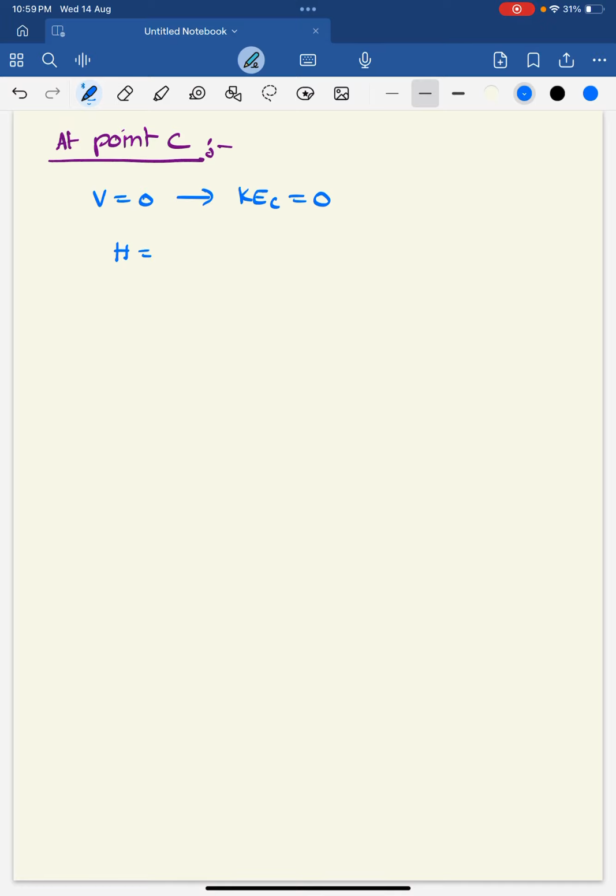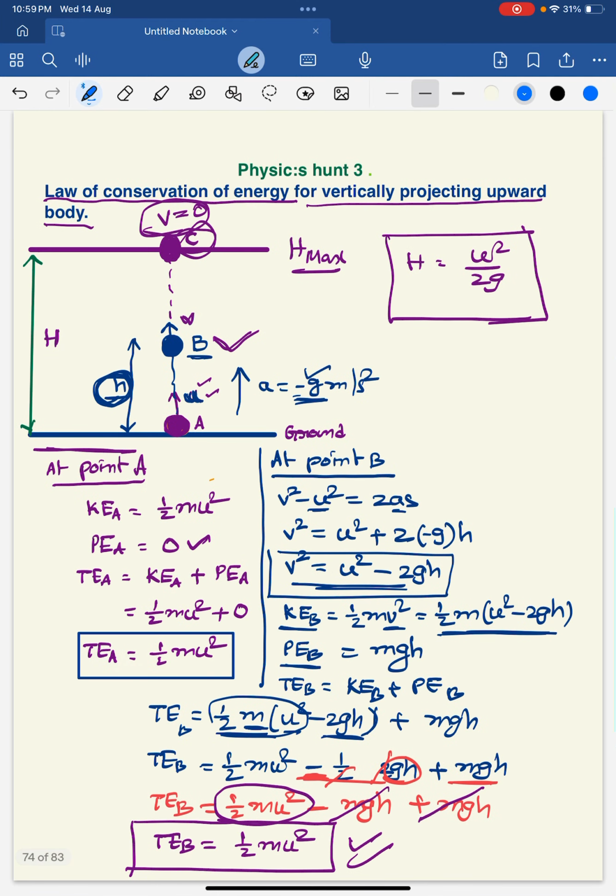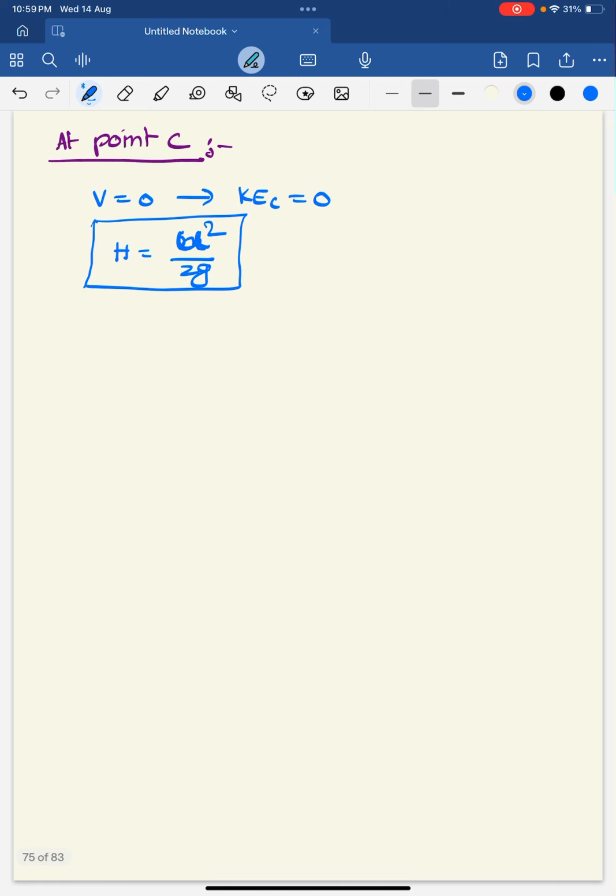What is the height attained by the body at point C? H is equal to u square by 2g. This is the height acquired by the body. When the body reaches point C, the vertical velocity is 0.